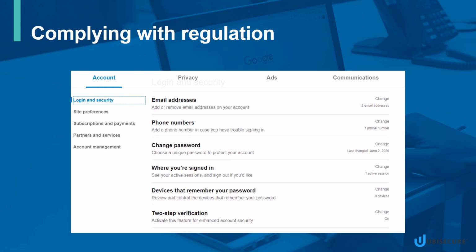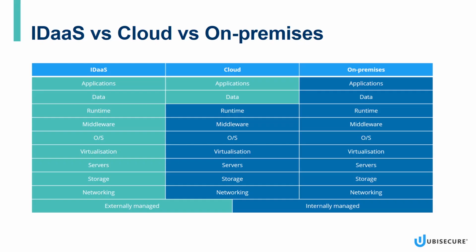Now, when organizations need to invest in identity management, how do they decide which deployment model they need: IDaaS, which is the topic for today, cloud or on-premise. Identity as a service is a cloud-based managed service, meaning that an organization employing IDaaS wouldn't need to think about managing deployment, security, configuration, and maintenance in-house, or that would be really minimal.